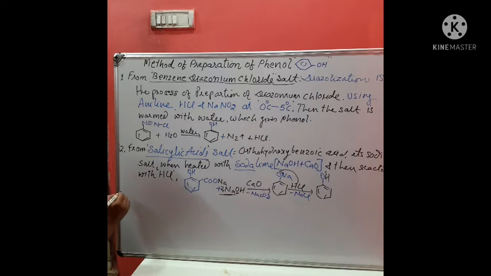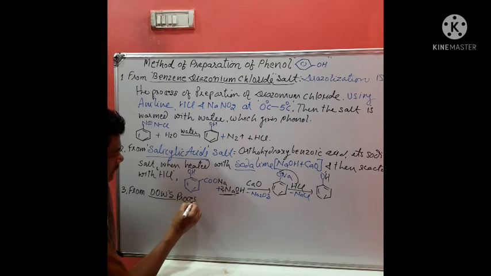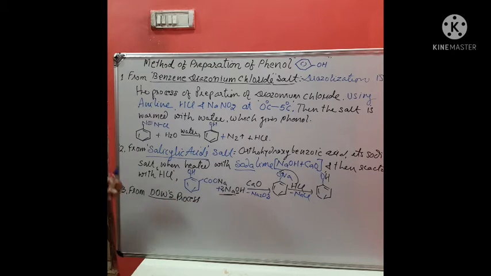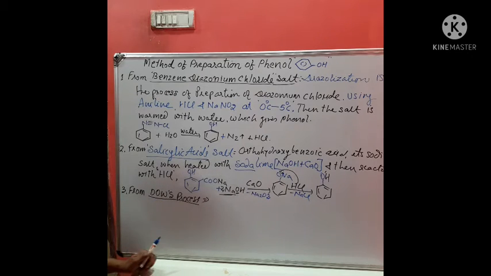Okay, third method is from, now this is a name reaction, this is called the Dow process. Okay, this is called what? Industrial preparation. Students, you have also checked this reaction in a previous chapter.